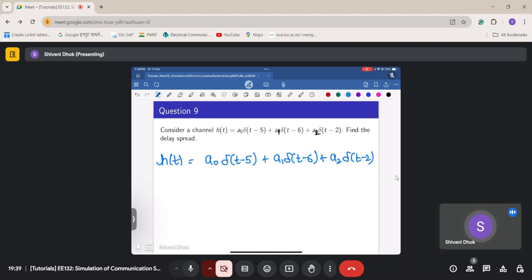What we need to do is find the delay spread. We had seen in the initial revision that this is maximum delay minus minimum delay.